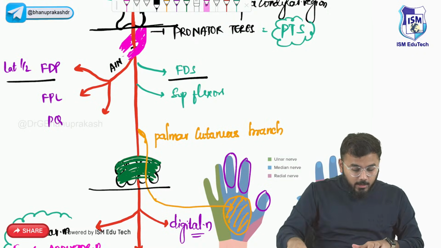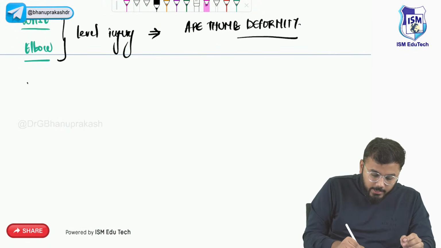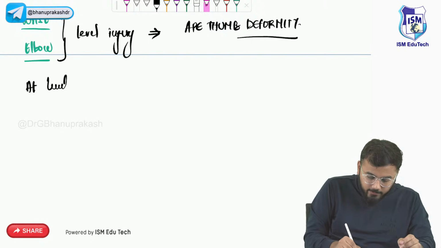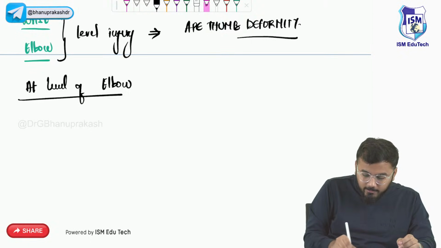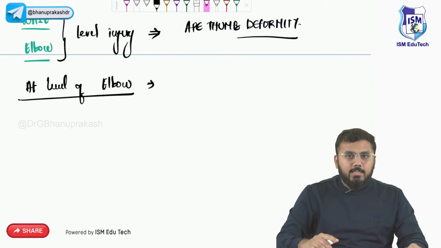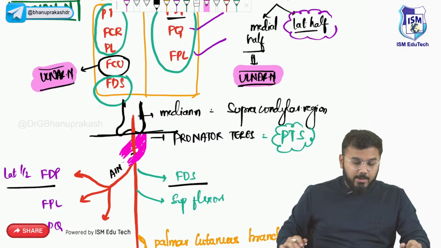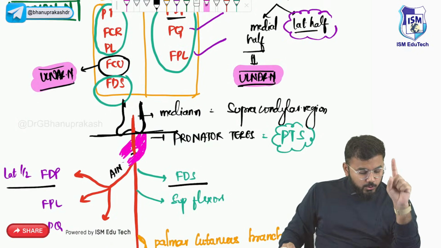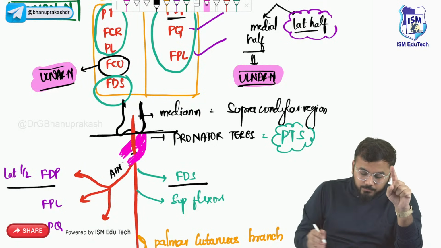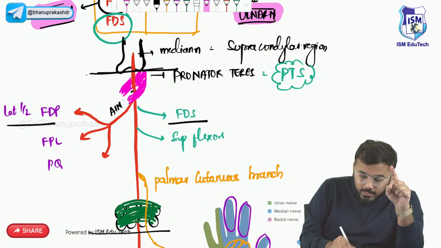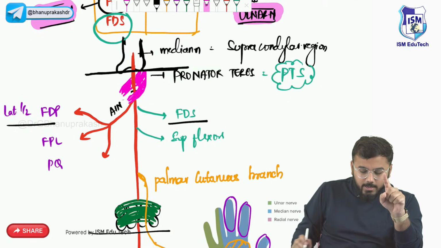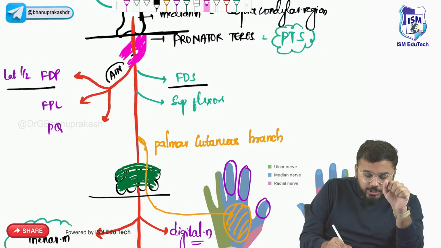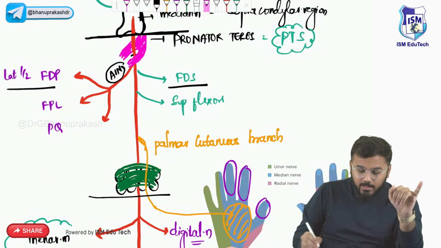Very good. Now look here. Let us write it down, at the level of elbow. If there is an injury at the level of elbow, look here what will happen. When there is an injury at the level of elbow, the anterior interosseous nerve is not working.